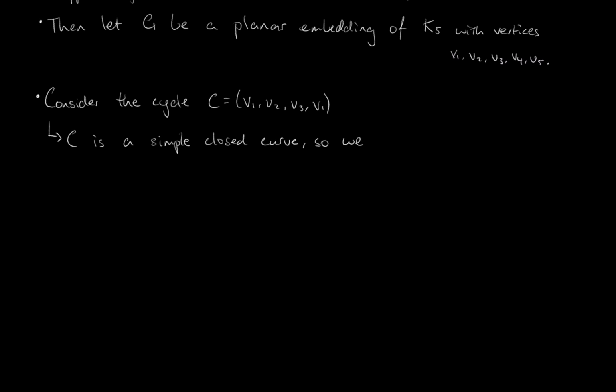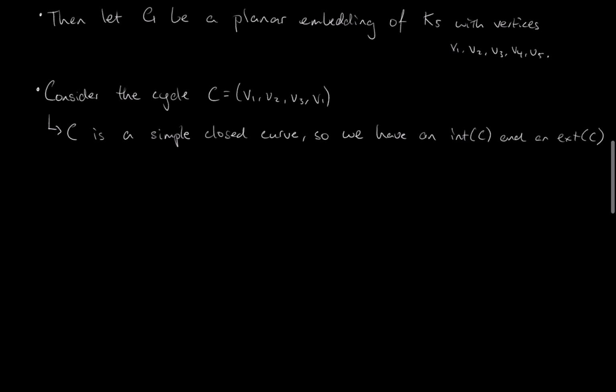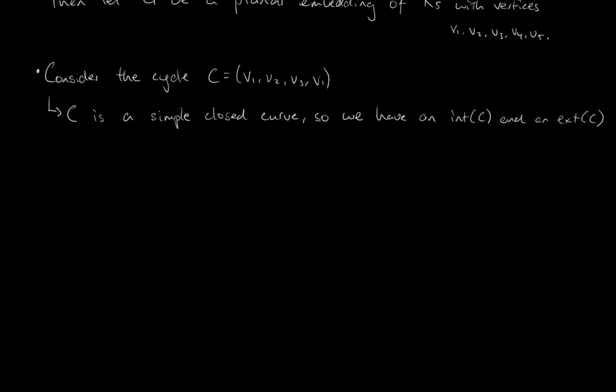So we have an interior of C and an exterior of C. They exist. So the vertex V4 must lie in either the interior of this cycle or the exterior.